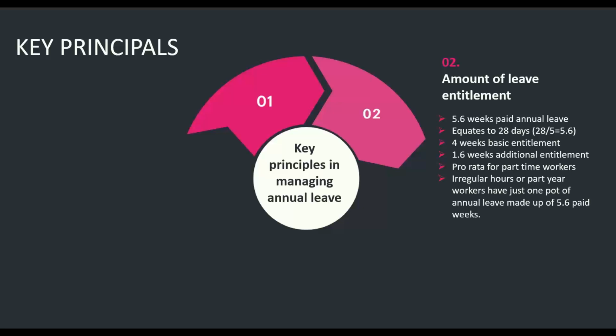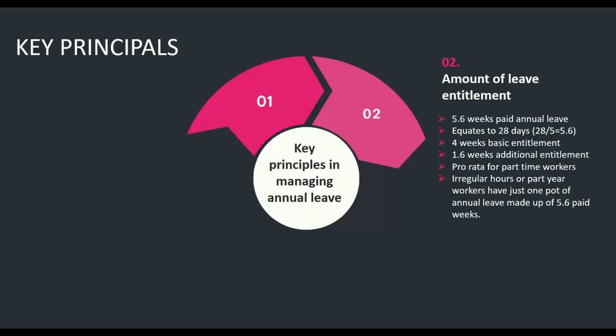When the UK introduced the European directive, it brought in 4 weeks of basic entitlement. That was what was required, but the government at the time provided an additional 1.6 weeks to make that 5.6. So you've got 4 weeks basic entitlement and 1.6 weeks of additional entitlement.